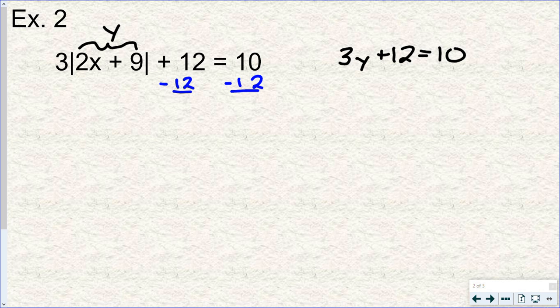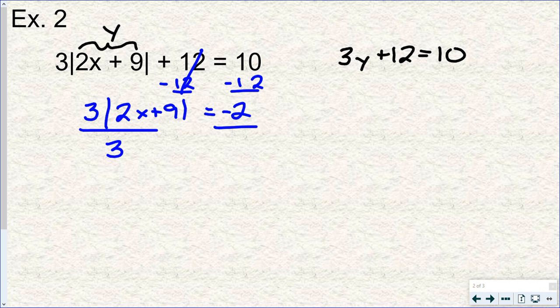So now I have 3 times the absolute value of 2x plus 9 equals 10 minus 12, which is -2. Now to get rid of this 3, I'm going to divide both sides by 3. These will cancel out, so I have the absolute value of 2x plus 9 equals negative 2/3.